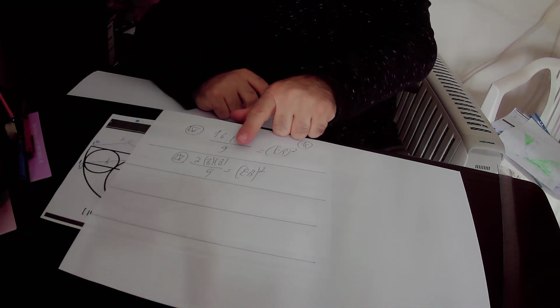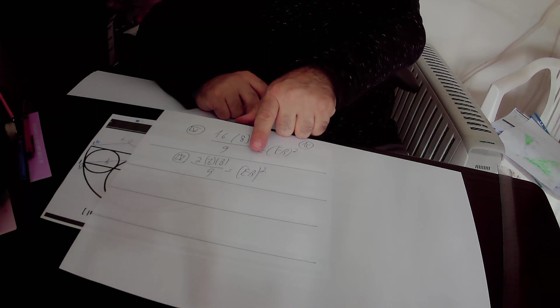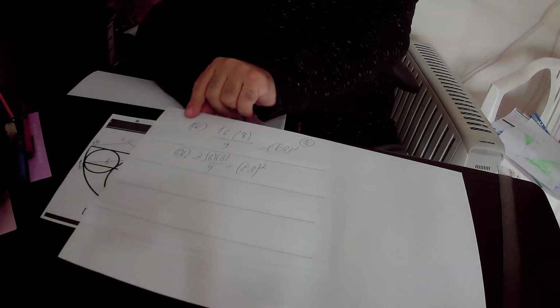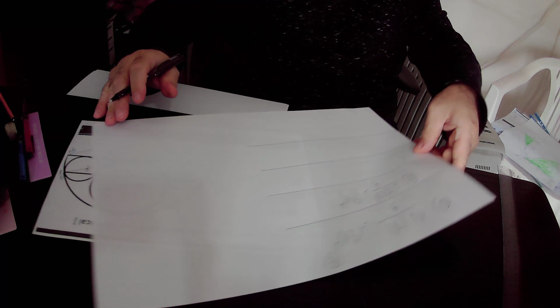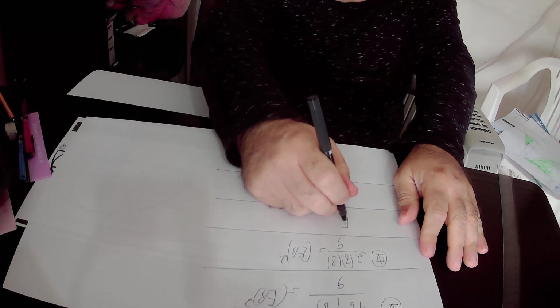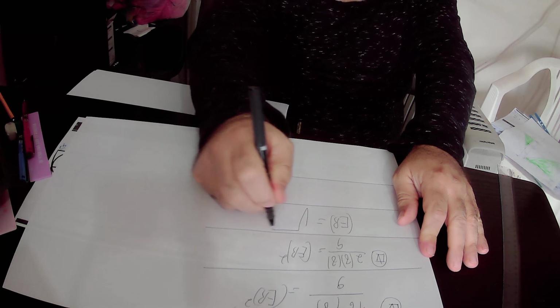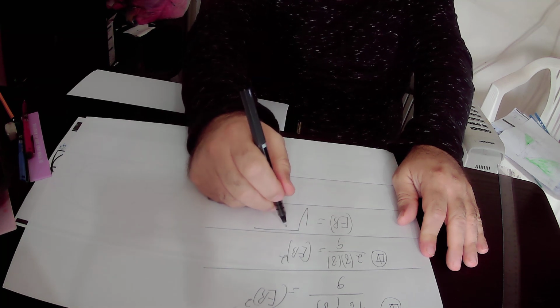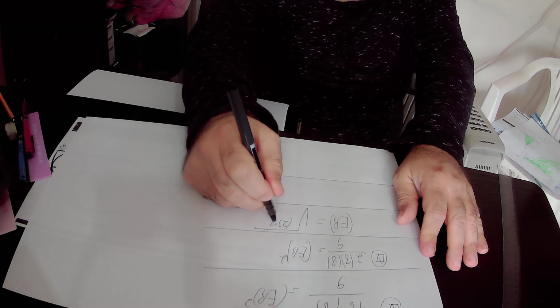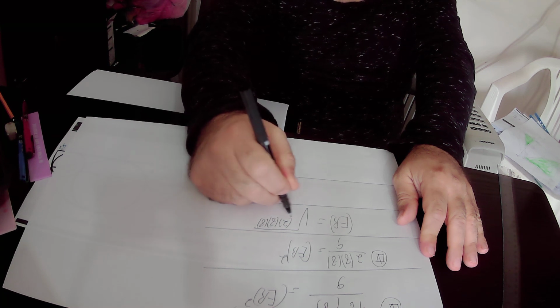So here we will take a root out of this equation, equation number 4, and we will get that EB equals the square root of 2 times 8 times 8 over 9.